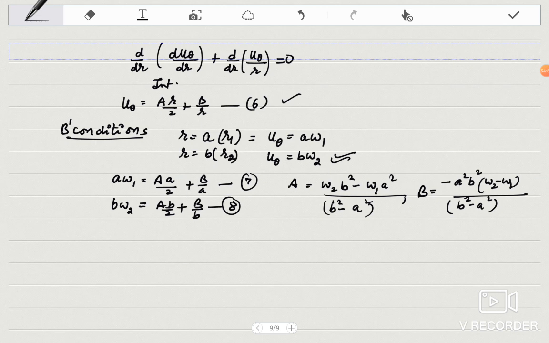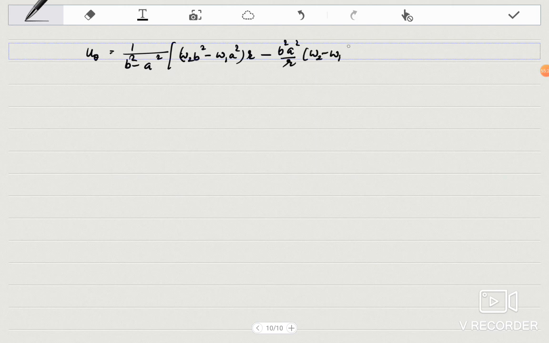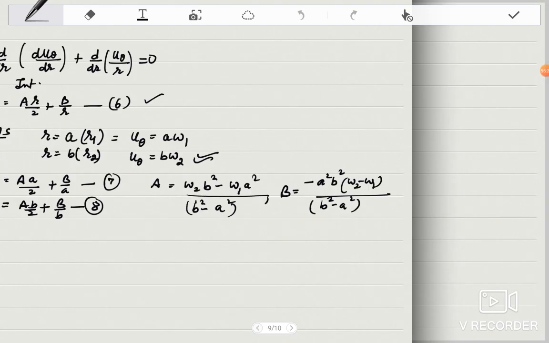Now what is your velocity distribution? Putting A and B, it will be u theta is equal to 1 upon (b square minus a square) times [(omega 2 b square minus omega 1 a square) r minus b square a square upon r (omega 2 minus omega 1)]. This is your final velocity distribution.